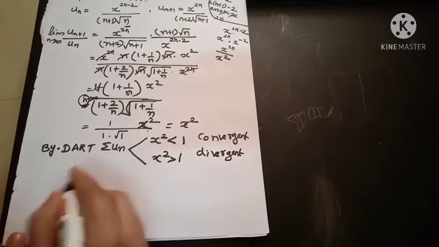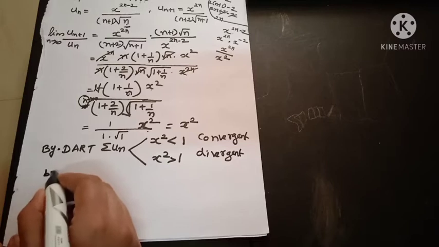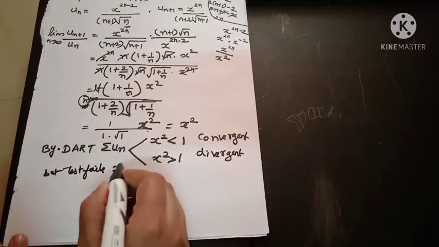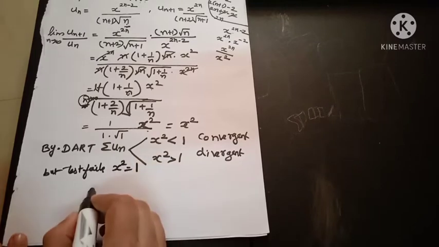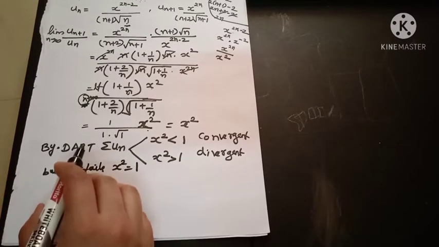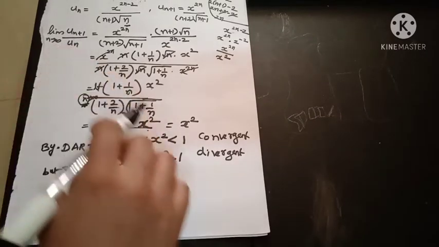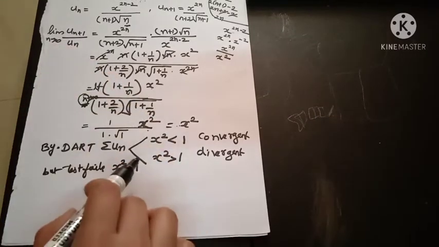But the test fails when x square is equal to 1. So D'Alembert's ratio test fails when the limit value of this ratio, that is x square, is equal to 1.